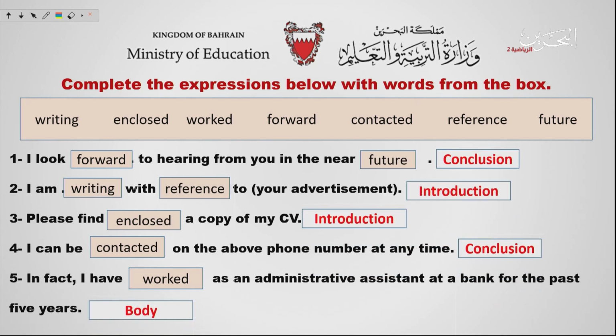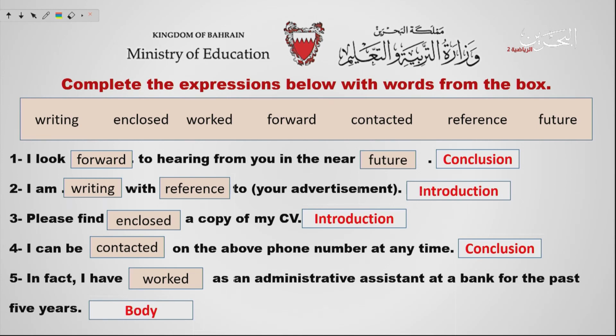So the sentence number 1 will be found in the conclusion. So you end your letter using this sentence. While number 2, I'm writing with reference to your advertisement, is always in the introduction. So you write your reason for writing in the introduction.